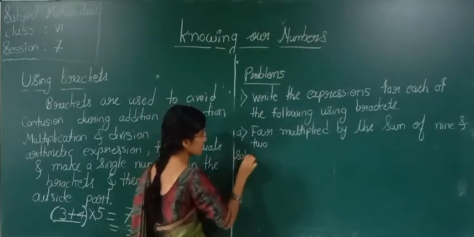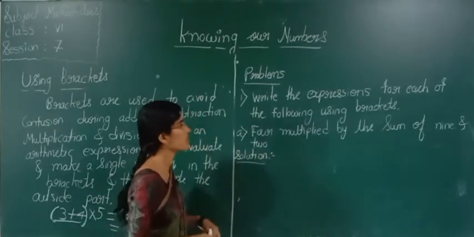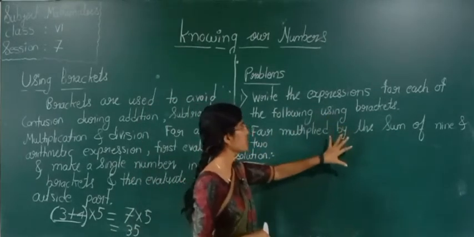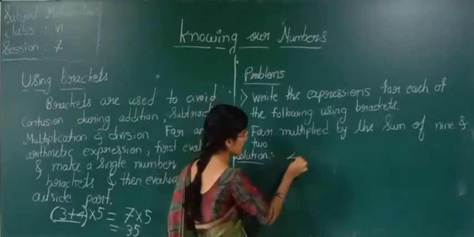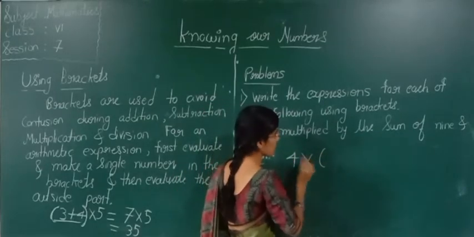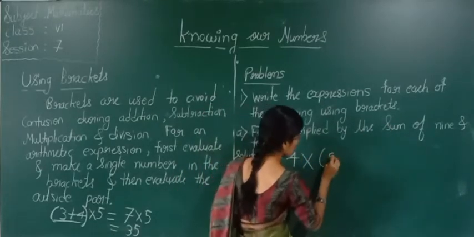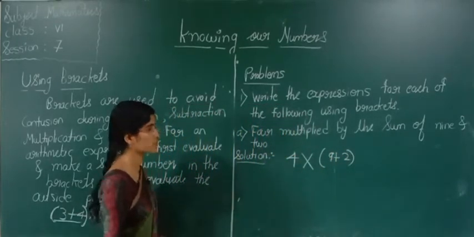Solution: 4 multiplied by the sum of, we will use a bracket, the sum of 9 and 2. They just told us to write the expression.